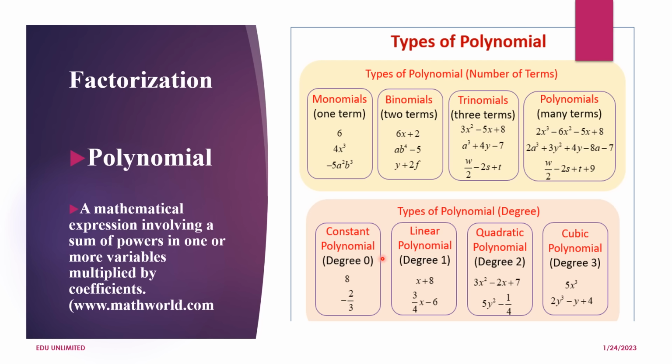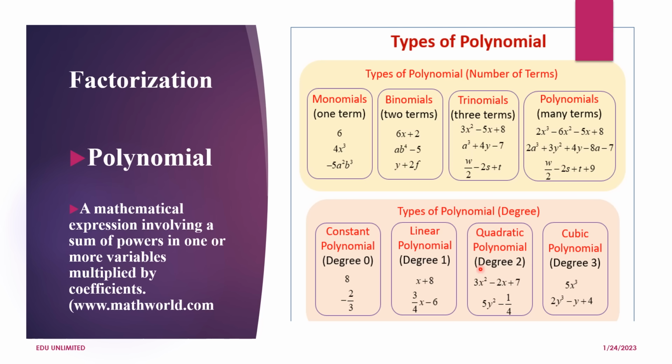Then we look at linear polynomials, which have a degree of 1. So x + 8 has a degree of 1 because x to the first power is x. So x + 8 is a linear polynomial of degree 1. Then we look at a quadratic polynomial, which has a degree of 2.